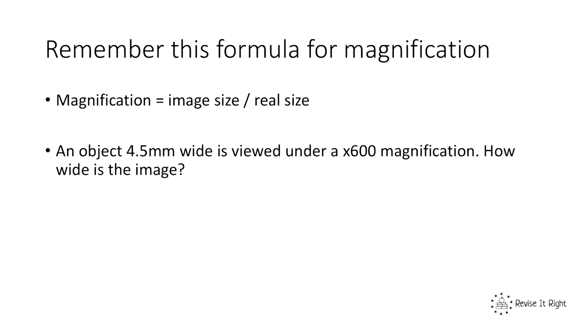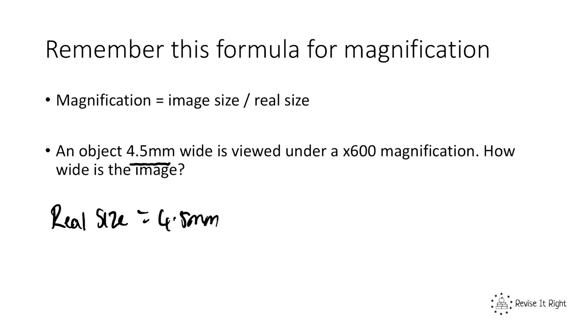So question 1, an object of 4.5 millimeters wide is viewed under a ×600 magnification. How wide is the image? What I always like to do when I'm given a question and having to work out a value is write down what I know. So an object of 4.5 millimeters wide, that's the real size. So the real size equals 4.5 millimeters.